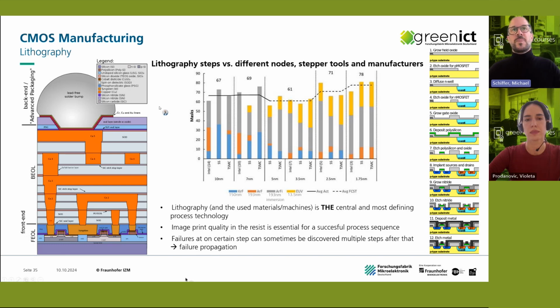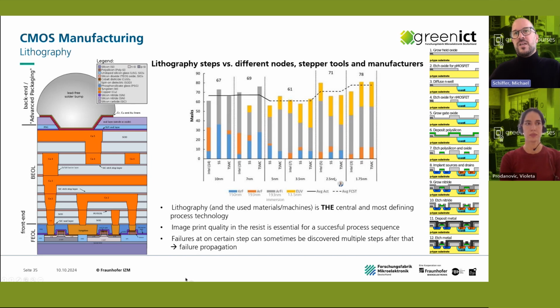As you can see, I have here a sketch comparing the mask steps and also the lithographies used for them for Intel, Samsung, and TSMC for different node sizes, so 10 nanometers and 7 nanometers, also in some cases 5 nanometers for Samsung.